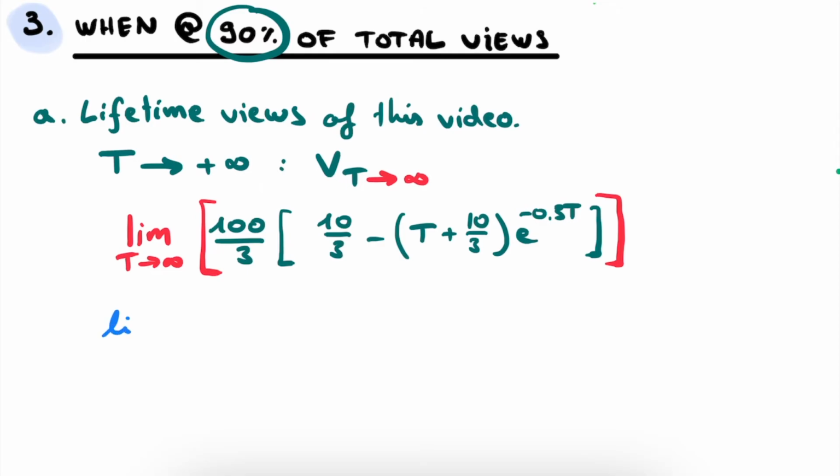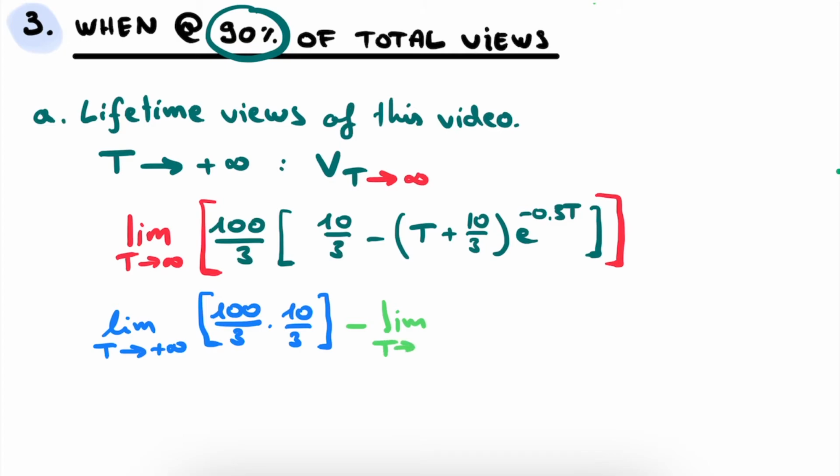So we have the limit of T going to plus infinity of this first term, 100 divided by 3 multiplied by 10 divided by 3. And we subtract from this the other limit, the limit of T going to infinity of 100 divided by 3 multiplied by T plus 10 over 3 multiplied by this exponent right here.